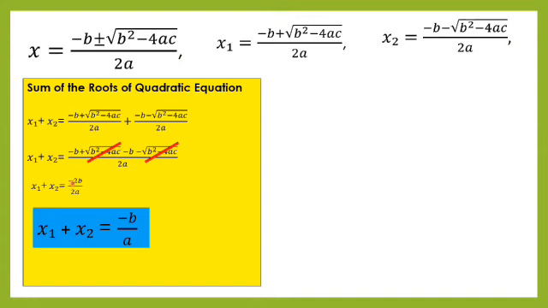Negative 2 divided by 2 is negative 1, and then we have b for the numerator over a for the denominator. This is now the sum of the roots of quadratic equation. Remember, negative b over a is the sum of the roots of quadratic equation.